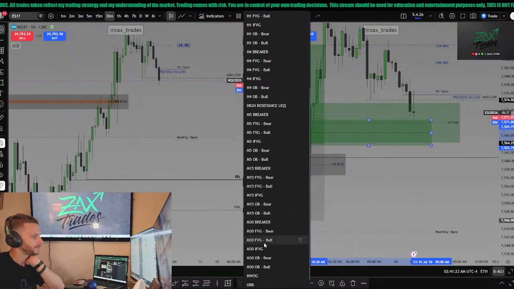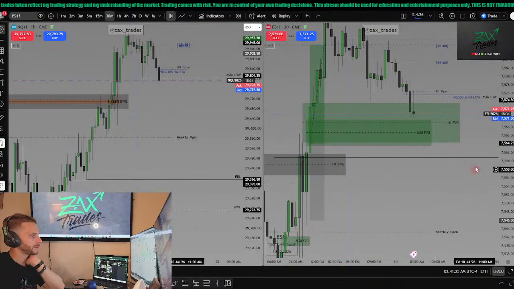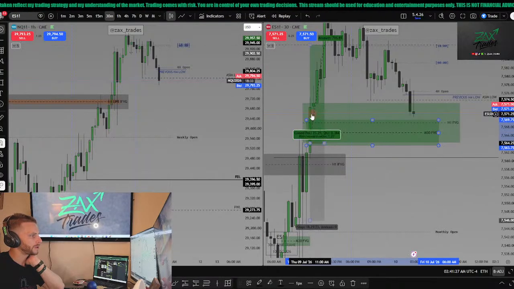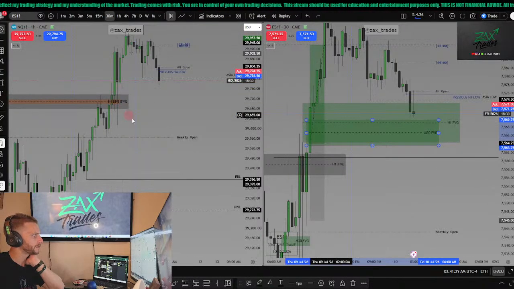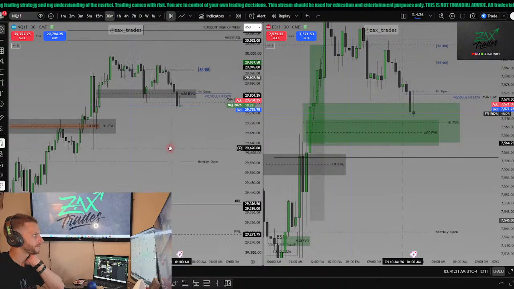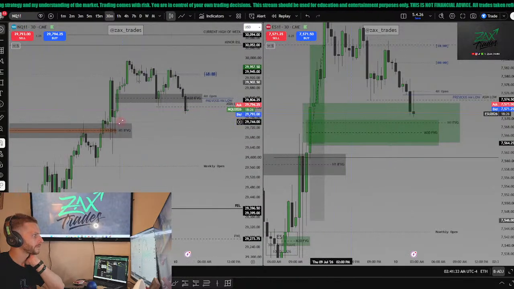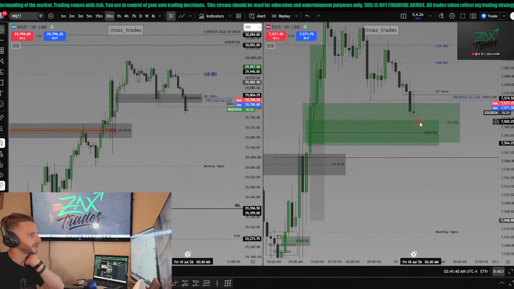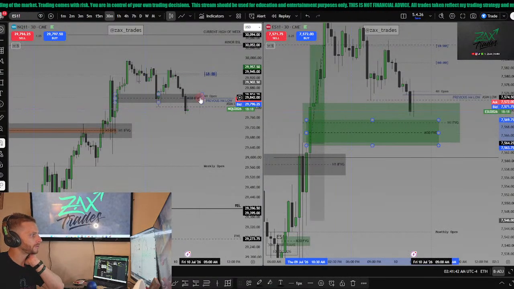So what is that telling me? Think about it, right? The same 30-minute off the same candle over here. Where was that? Make sure it's the same candle. Yep, same candle, 30-minute, 30-minute. ES hasn't even tapped it yet, whereas NQ has already IFVG'd it.